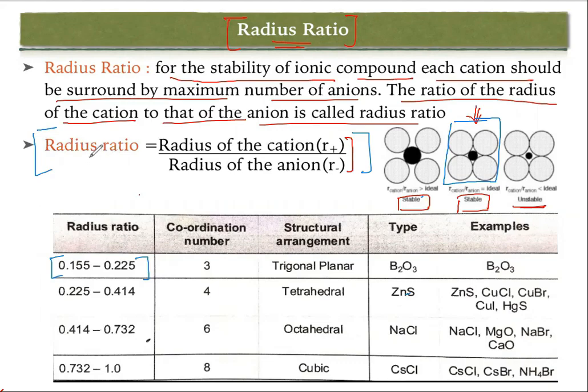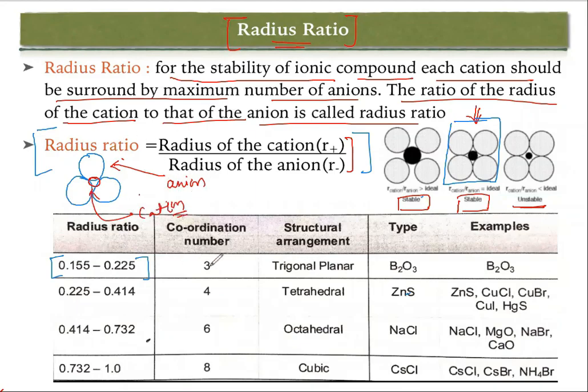So let us take the example of this one. Take 3 atoms, and in the middle of the 3 atoms put one small cation. Again remember, always the anion size is bigger. This is the anion size, and this small one is the cation size.